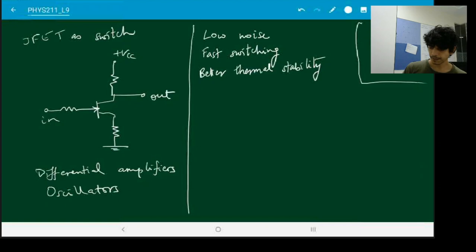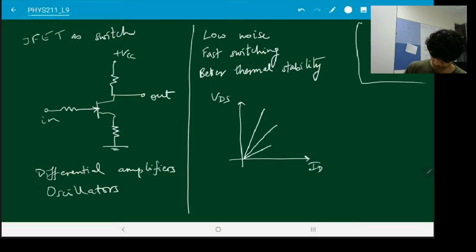What are some of the other advantages? Yeah, you can use the FET as a voltage controlled resistor. So if I make a plot of ID versus VDS, then this curve looks like a straight line, and the slope of the straight line depends on the value of VGS.